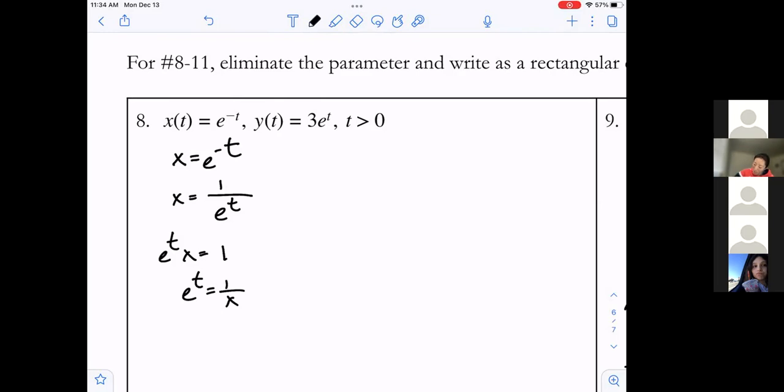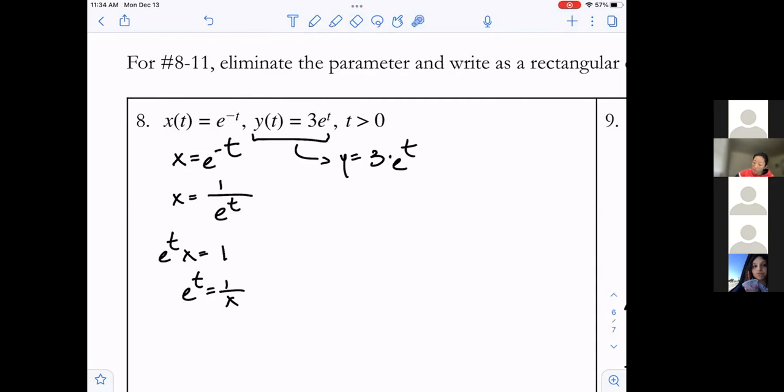I could divide this by 3, right? This equation is really saying y equals 3 times e to the t. So I could divide by 3, but I bet we're going to have to multiply by it again later, right?